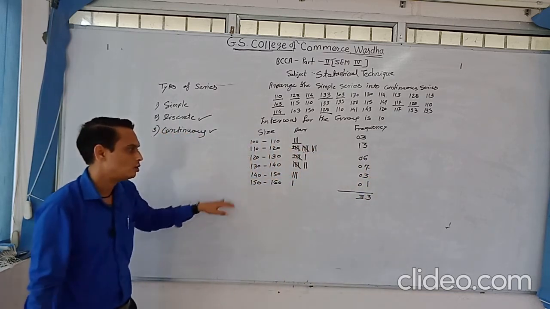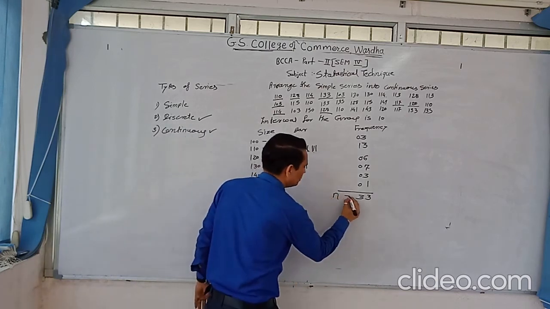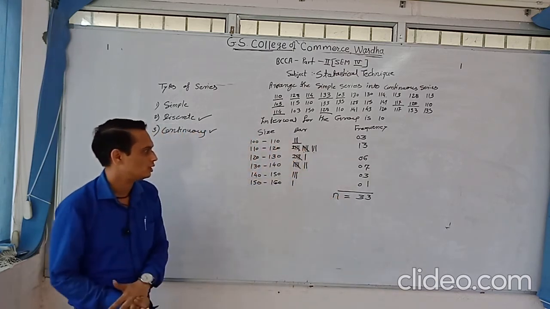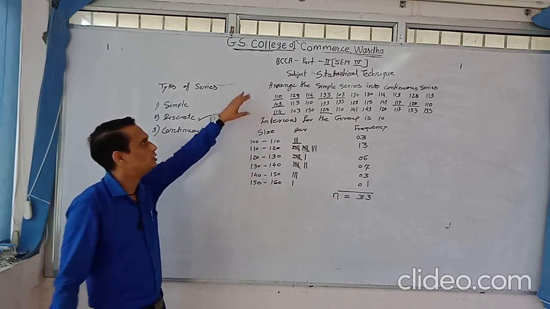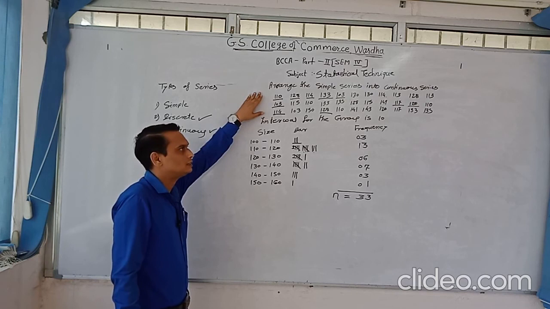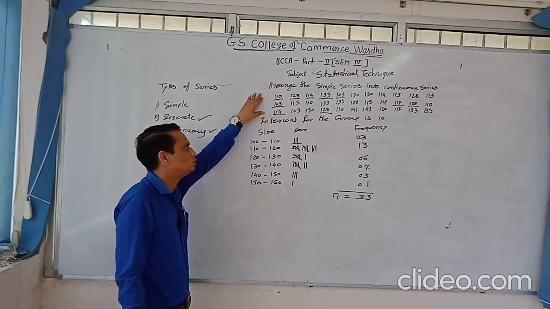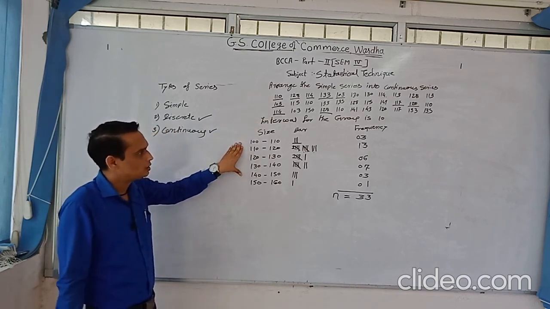The total number of observations is 33. So we have the n value, the number of observations, as 33. It means 33 observations are included in the simple series. That simple series can be converted using groups with an interval of 10.